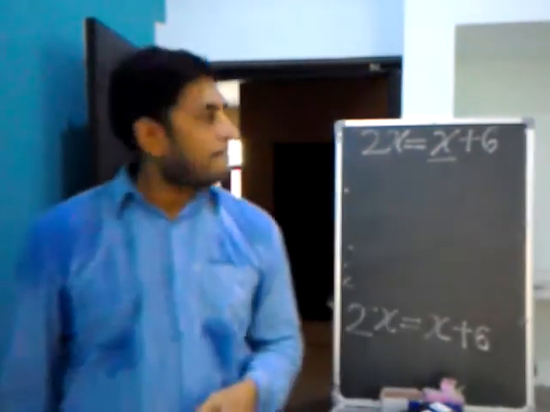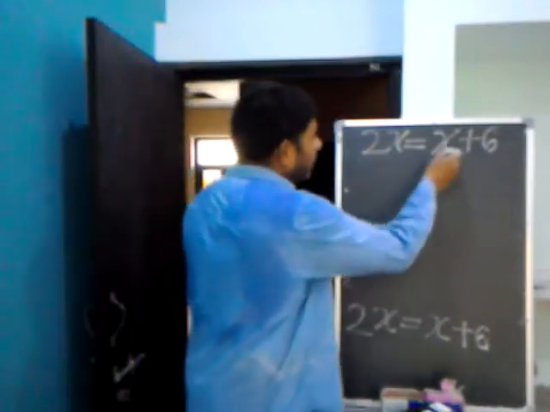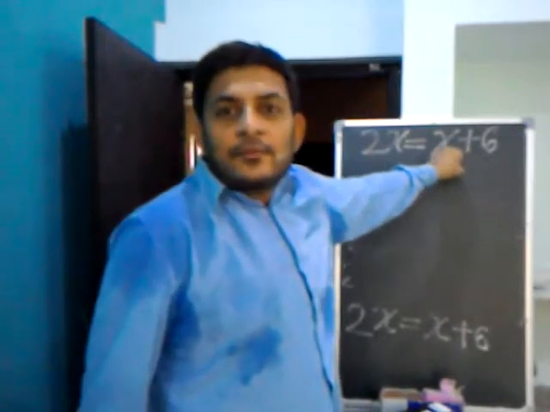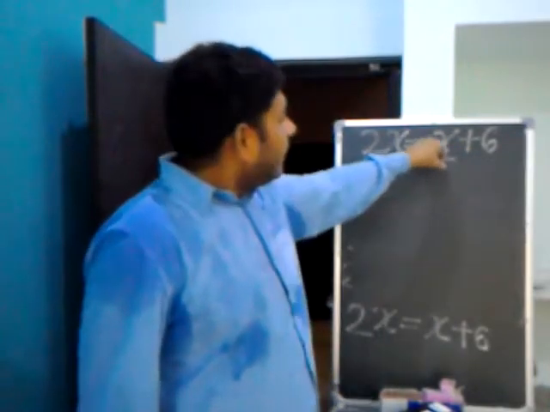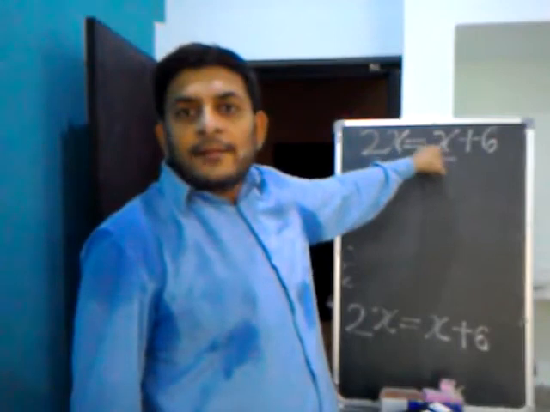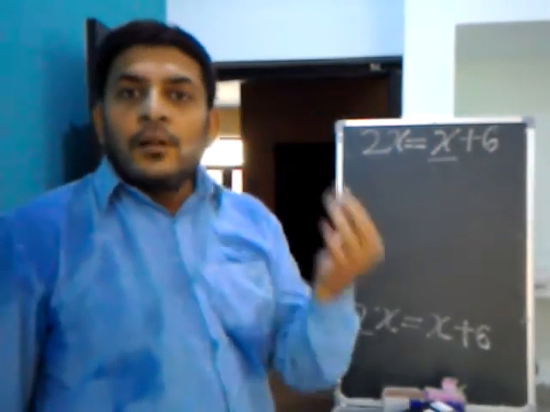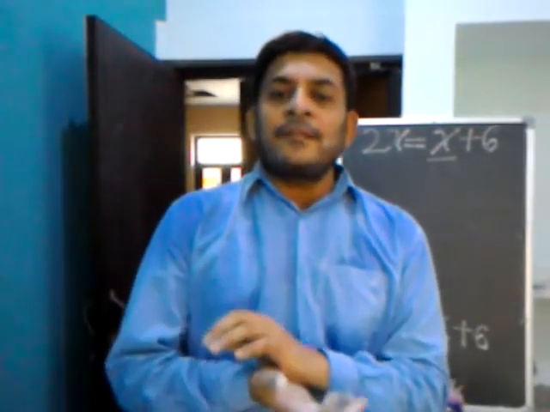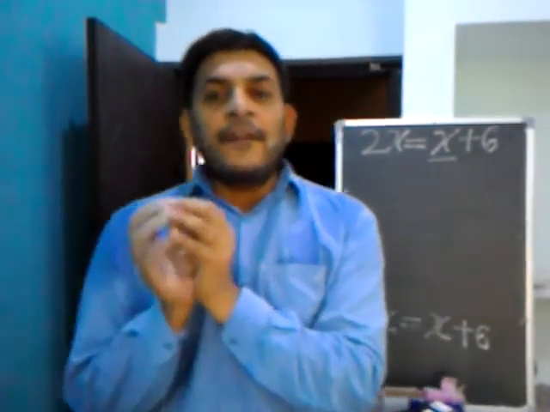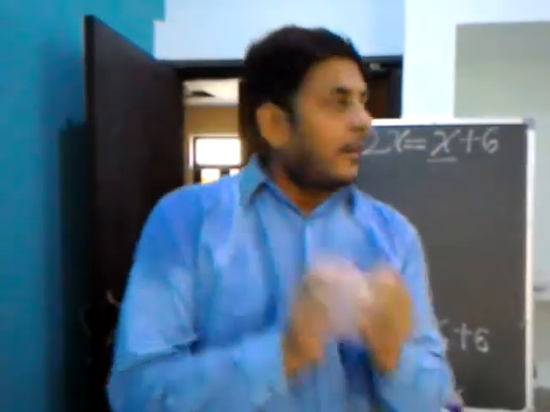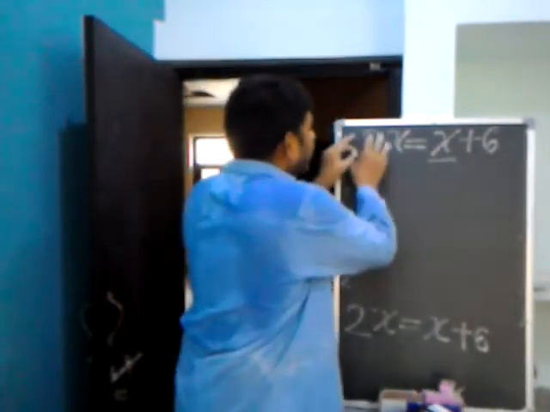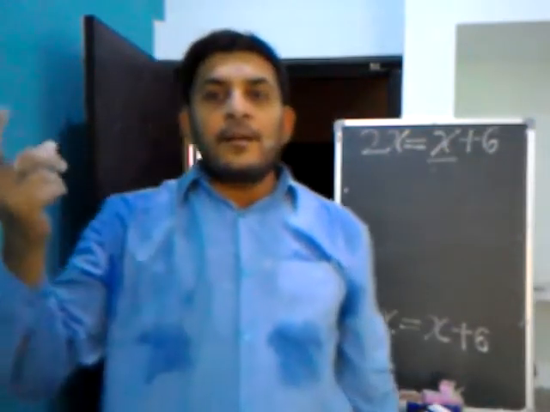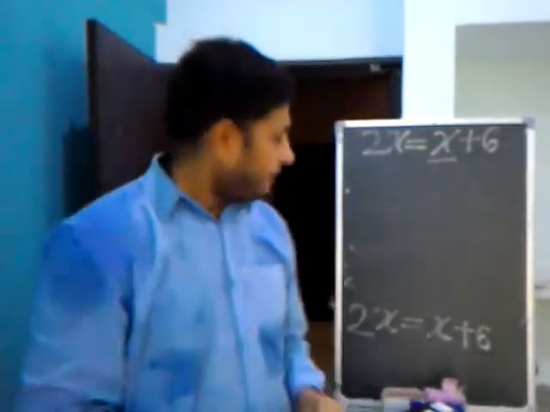The second thing is sign change. For example, if this x is going from here to here and there is no sign in front of this x, that means it is positive, so its sign will be changed to negative. Similarly, if any term having a negative sign is taken from here to here or here to here, then its sign will convert into positive.